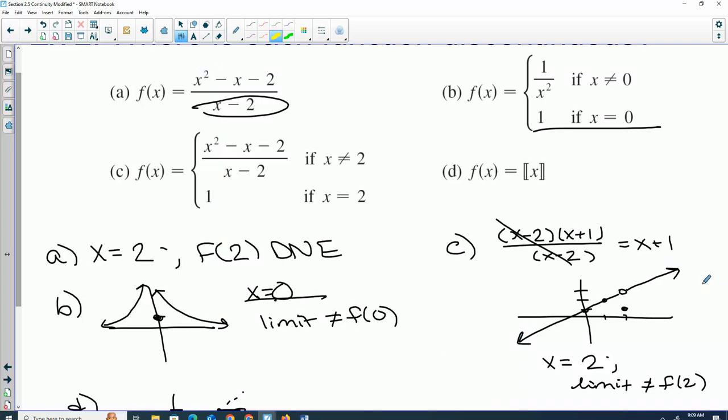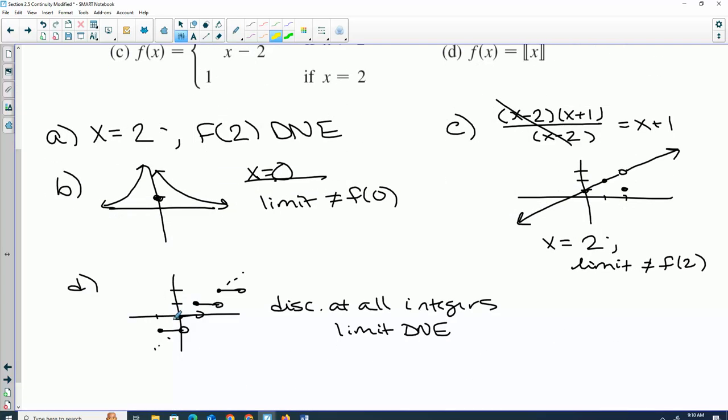It's removable if it's just an open circle, because it could be fixed by filling in the circle. Okay, I removed that one point, I could fix it by putting that one back. So that's a removable discontinuity. B is what we call an infinite discontinuity, because I have a vertical asymptote. It's going to infinity. So if it's going to either infinity or negative infinity, that's an infinite discontinuity.